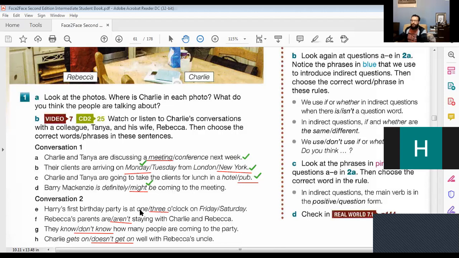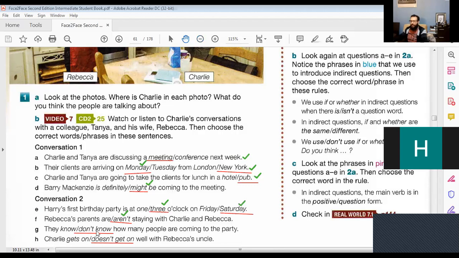Yes, 3 o'clock. And Rebecca's parents, are they staying with them or not? Not. Yes. It's correct. But what about Friday and Saturday? I think Saturday. The party is on Saturday. But her parents arrive on Friday, but the party is on Saturday.